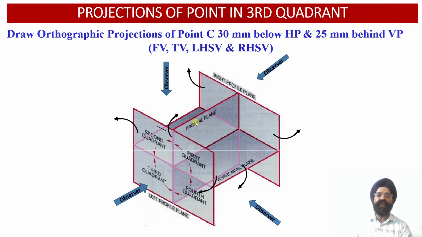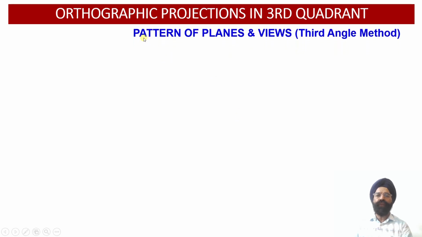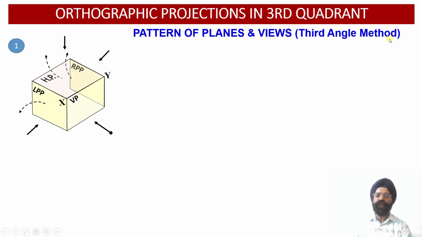Now we can observe that in third angle projection, we have the projection plane lying in between the object and the observer. So now let us evaluate the pattern of unfolding of these planes and the orthographic views as it happens in the third angle projection method.